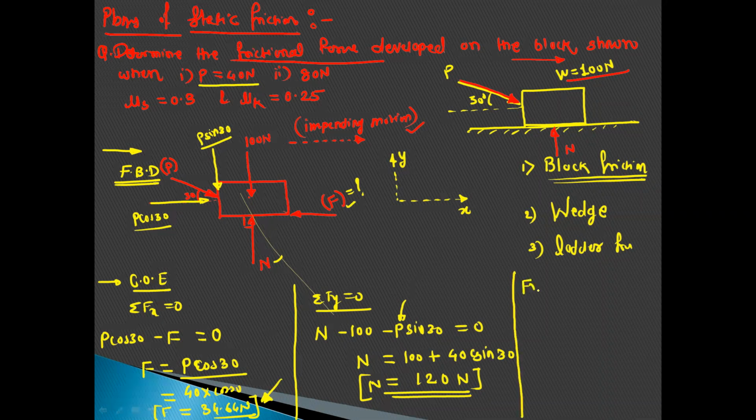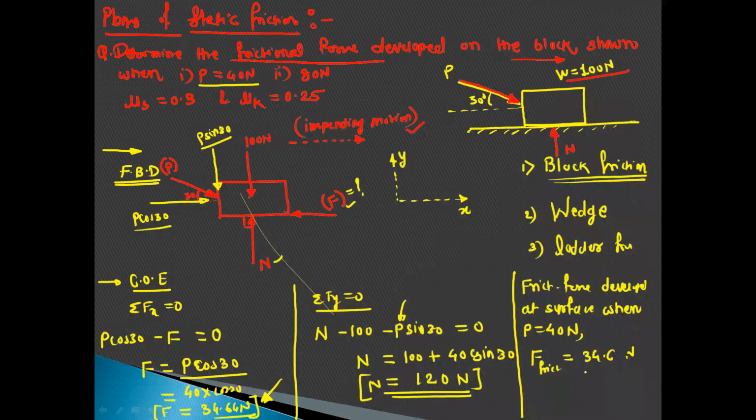So the frictional force developed at the surface when P is equal to 40 Newton, that frictional force, F friction, is equal to 34.64 Newton. Now we have to decide.